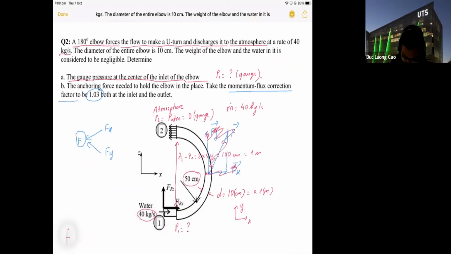So the force here, F, the force will be in x direction from right to left, and the magnitude will be equal to 497 Newton. Okay, F equal to Fx in x direction only. Okay.